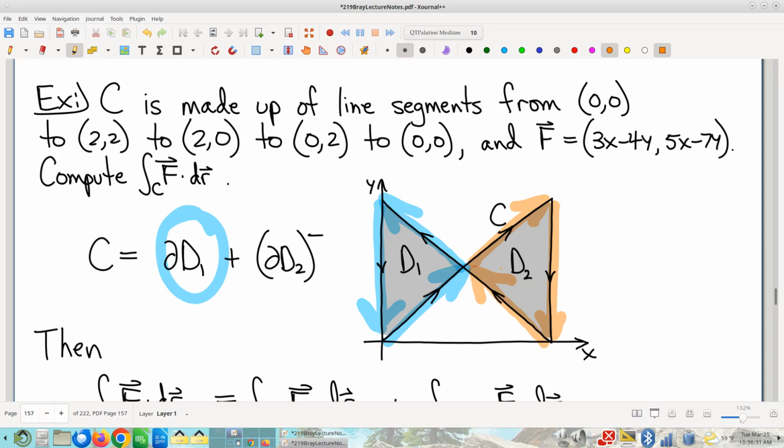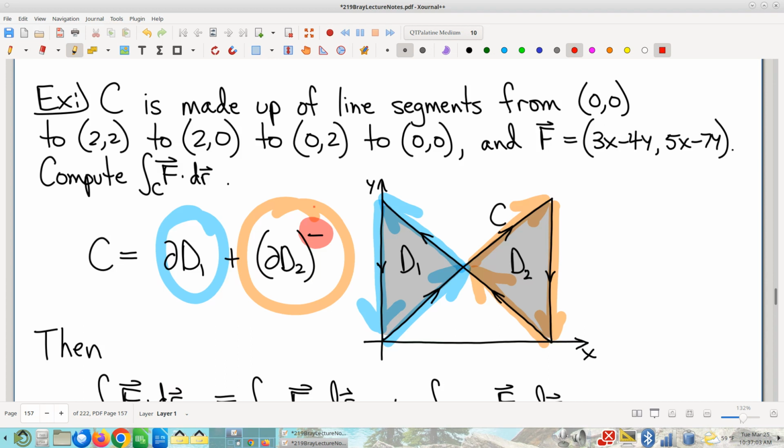But what I can say is that it is just literally that boundary oriented the opposite way. That's exactly what this orange curve is. If you take the boundary of D2, you will get exactly that orange curve, but going the other way. So we recognize with that, again, our new notation from a couple days ago, that superscript minus sign. That just says orient the other way. Everybody see what I did there? It's a slick move.